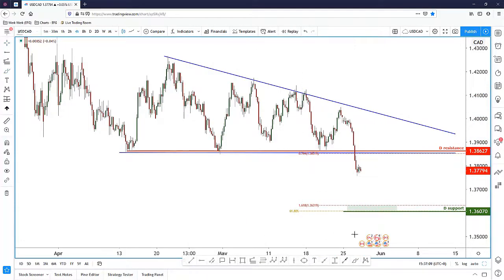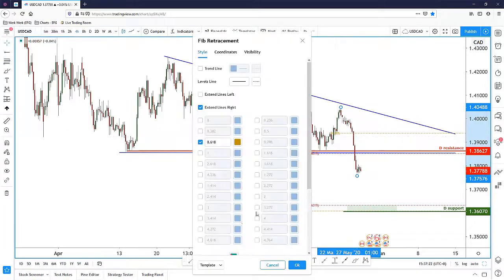Next, we see that price actually made a strong push down, right? It's a nearly straight push down. So let's take a retracement from the high here to the low. And we open all Fibonacci ratios.